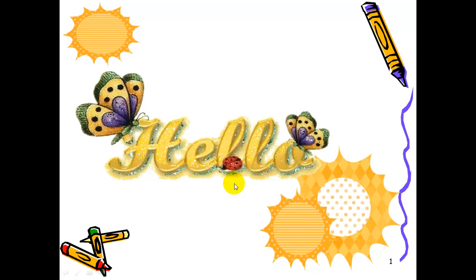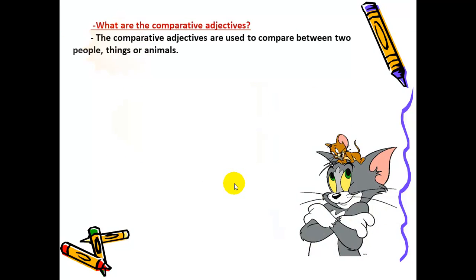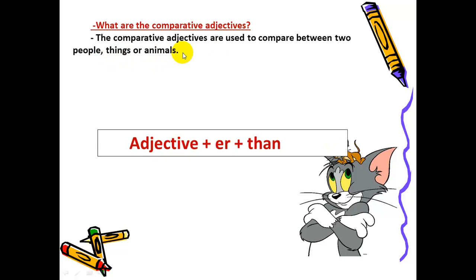Hello everyone. Before starting our lesson today about superlative adjectives, we will revise the comparative adjectives. The comparative adjectives are used to compare between two people, two things, or two animals.